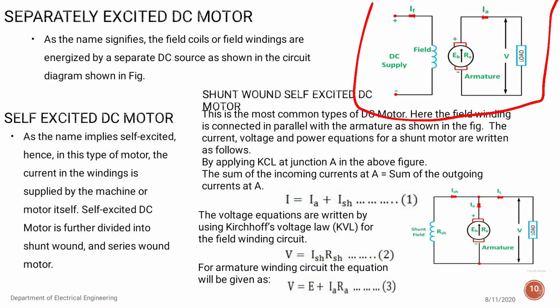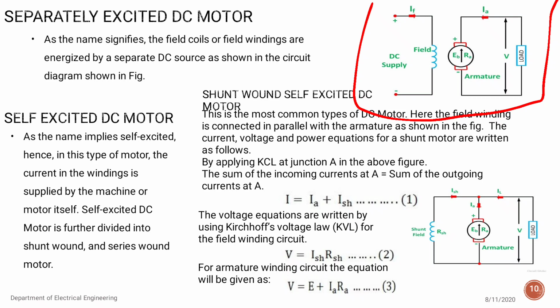That's why the name separately excited is given to the motor which is excited by a separate DC source or battery circuit. The next type is the self-excited DC motor. As the name implies, in this type of motor the current in the field winding is provided by the motor itself. As we know, in a generator a small amount of current is produced which is used to excite the generator itself.